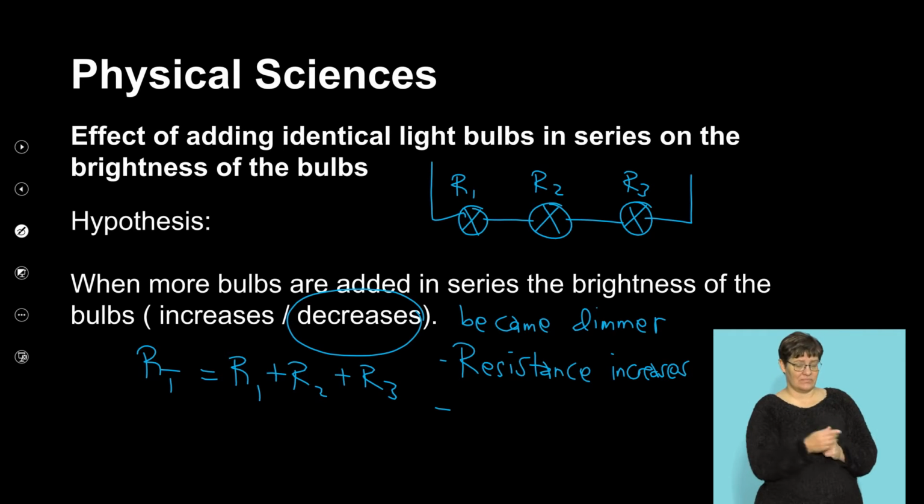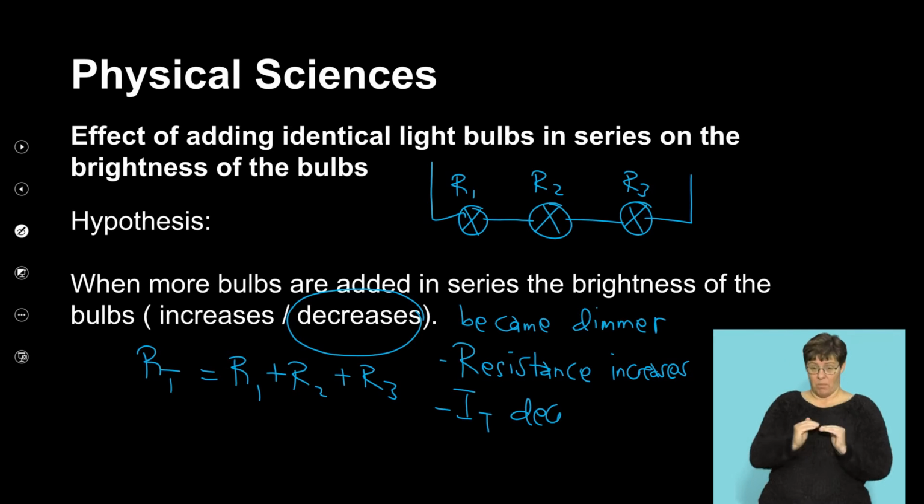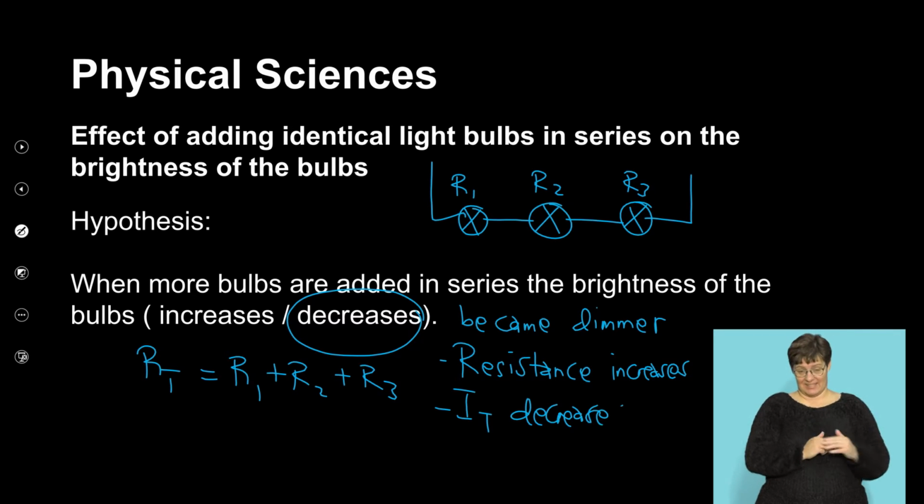It means the total current in the circuit decreases. Now the decrease in the total current affects the brightness. But remember, all the three light bulbs will receive the same amount of less current, which is the total current. Hence, they will be dimmer. Dimmer is another way of saying less bright.